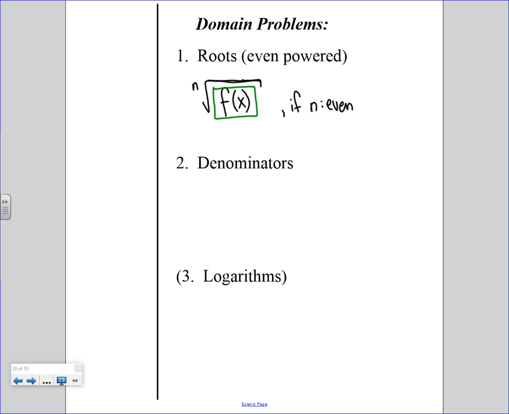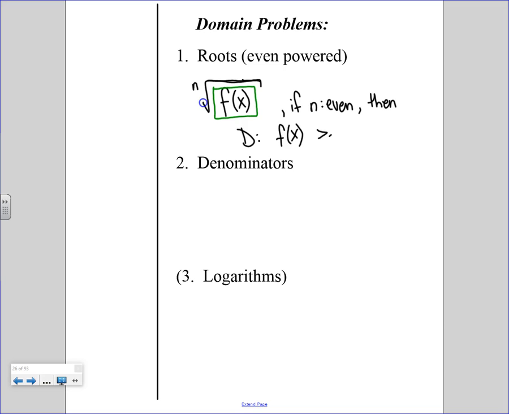But for domain, if n is even, then for the domain, you're going to take f of x.